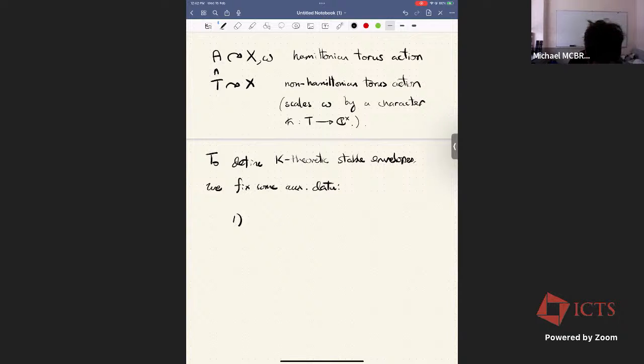Okay, so back to our stable envelopes. We need some auxiliary data to define them.